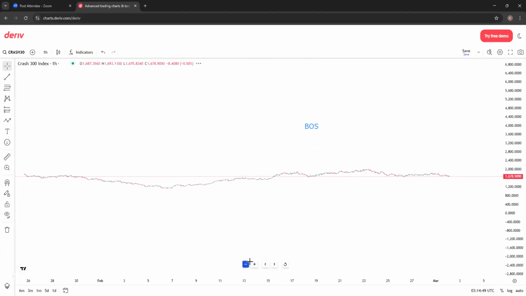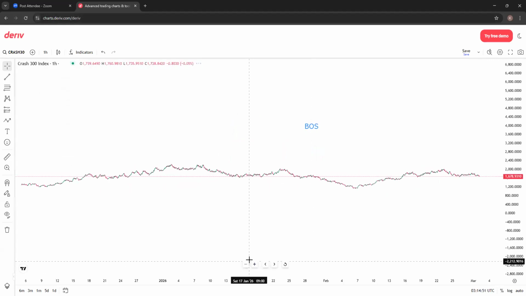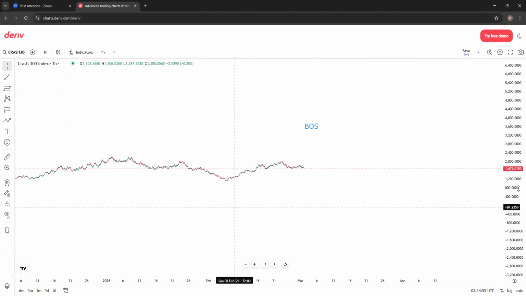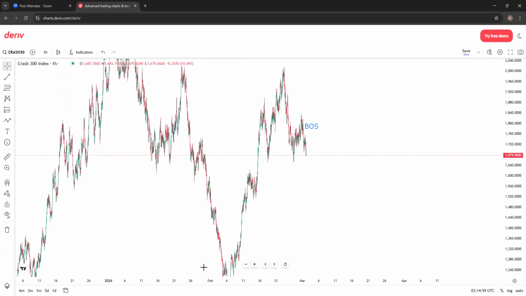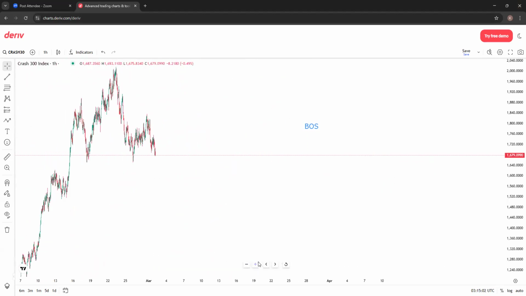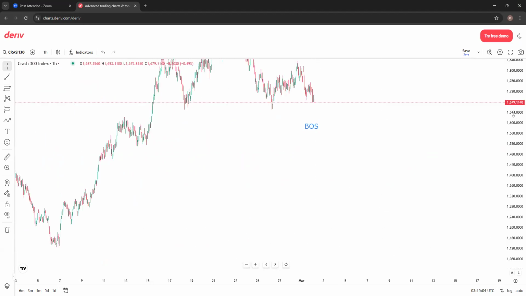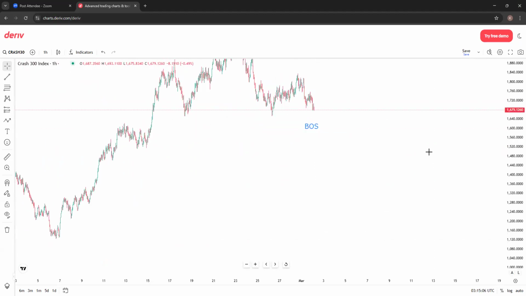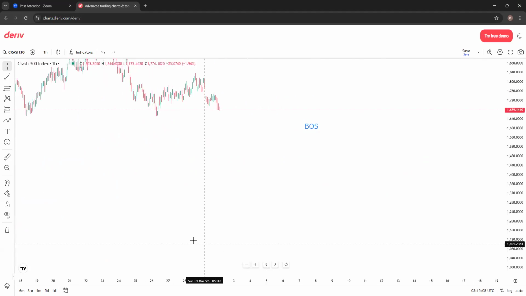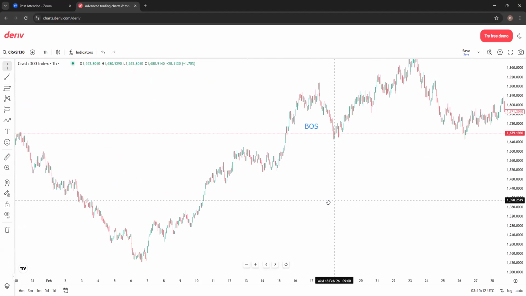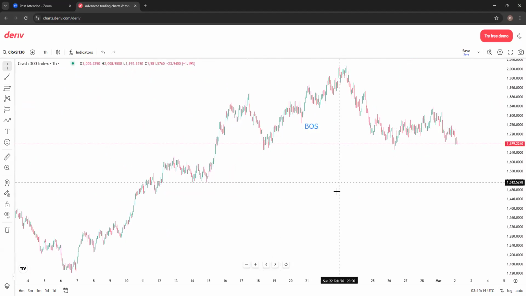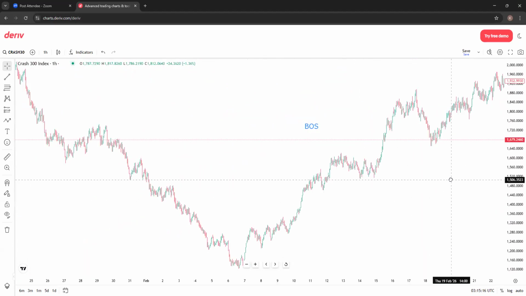And what we want to mark out are flags that helped us continue our trade in any direction that has been existing. So, for an example, what you see here is we have a flag on Crash 300.